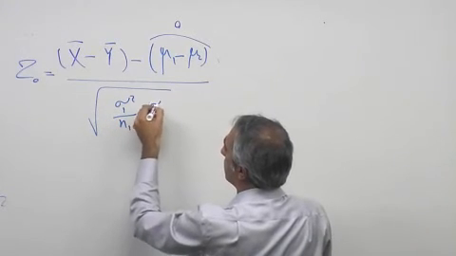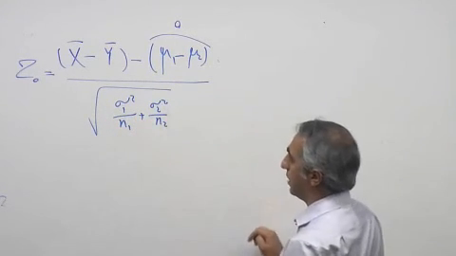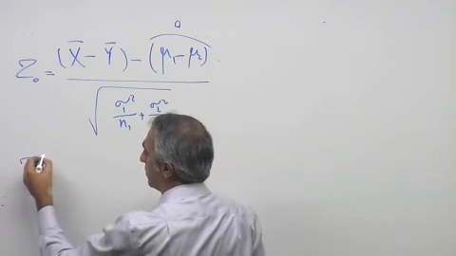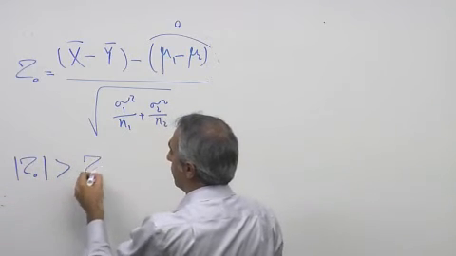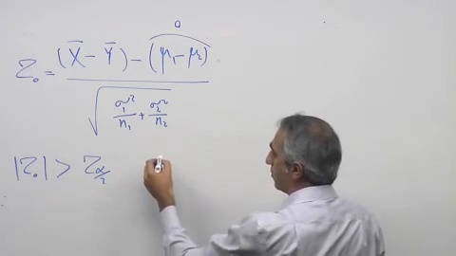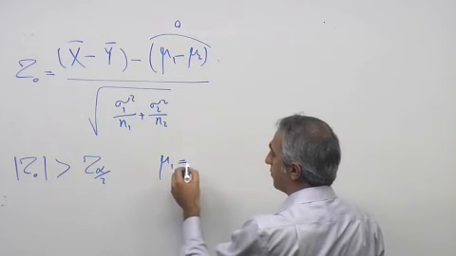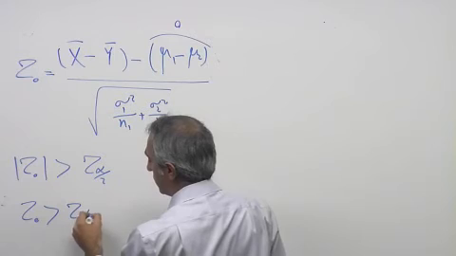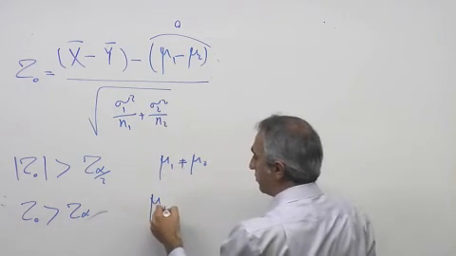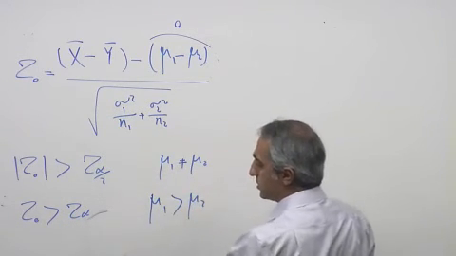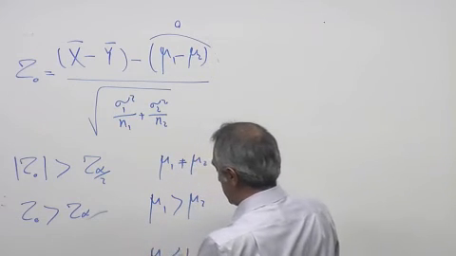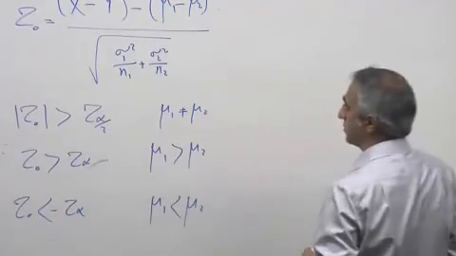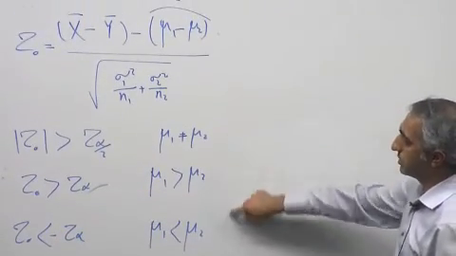Then I need to compare z0 with z alpha over 2 for this alternative. For mu1 greater than mu2, I use this one. For mu1 less than mu2, I use this one. So these are the critical regions, depending on what alternative you have.